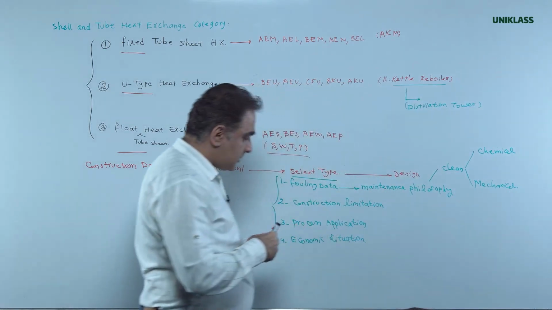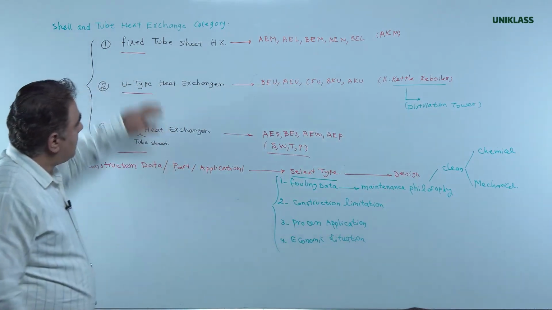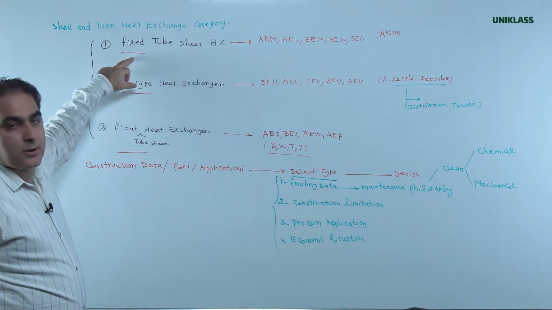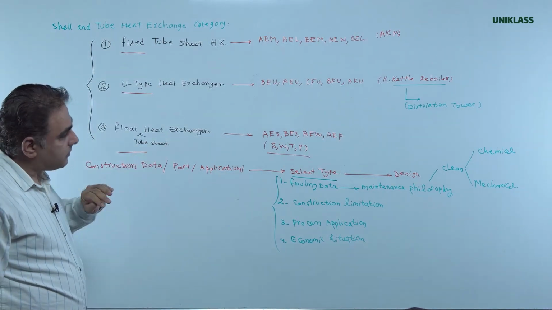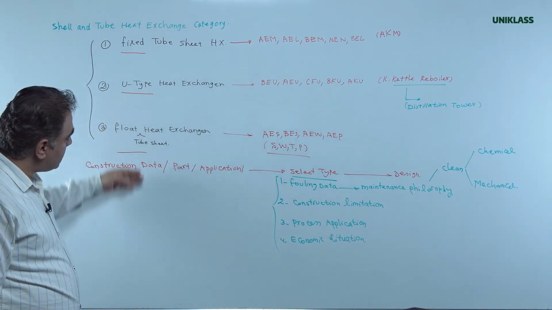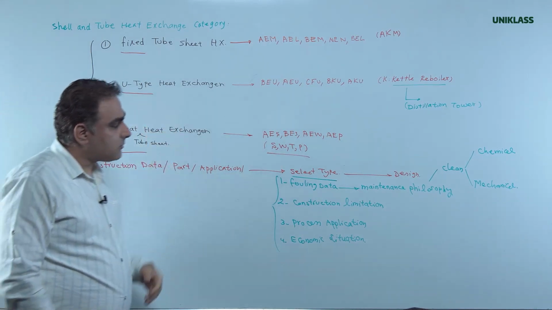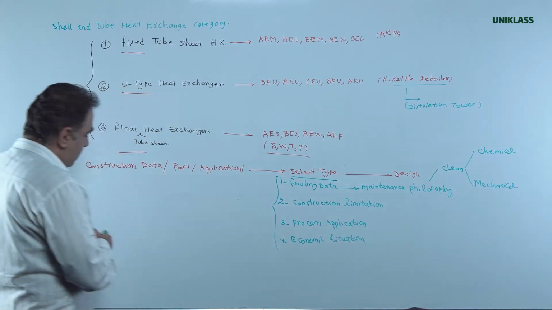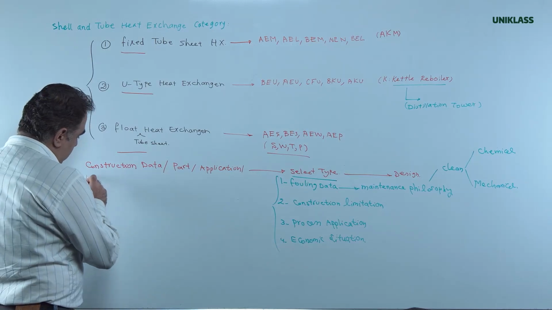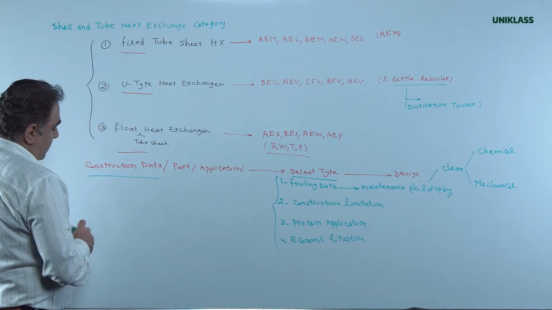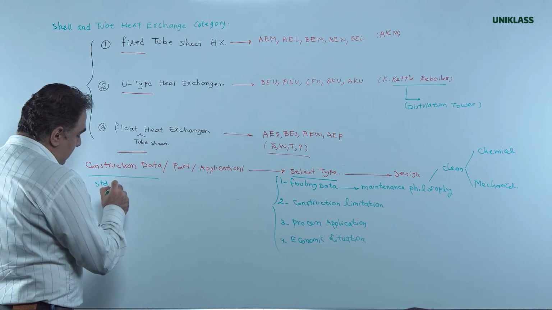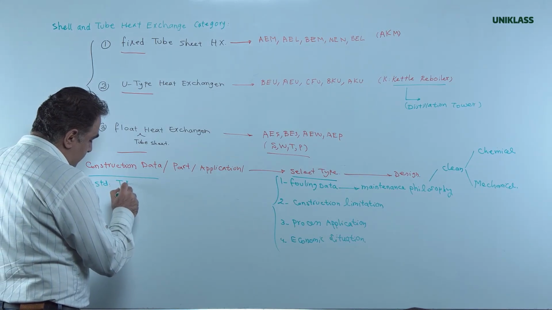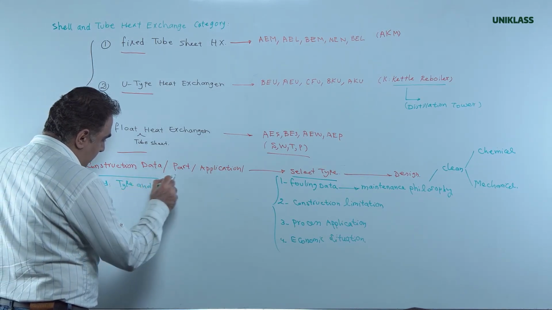Some of these heat exchangers may only allow chemical cleaning. For example, fixed tube sheet is used for chemical cleaning. Some heat exchangers may have a removable tube bundle. Therefore, one of the portions is construction data. The TEMA standard tells us the type and the parts available.